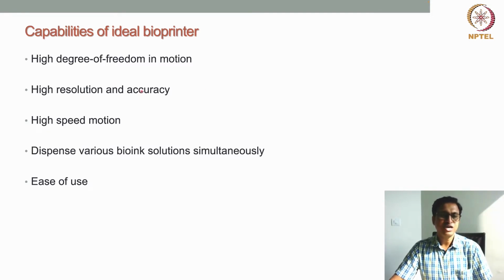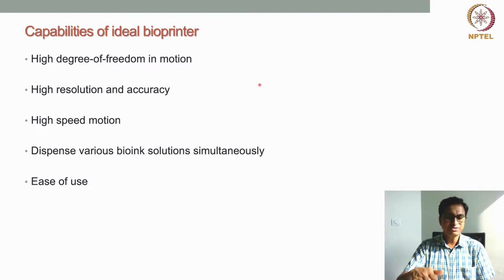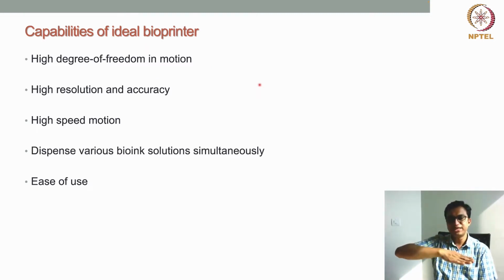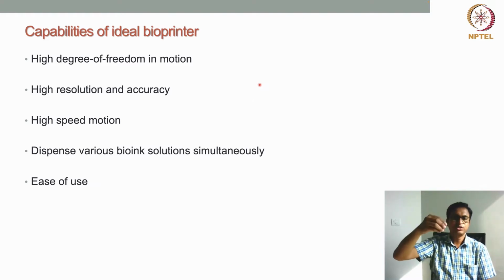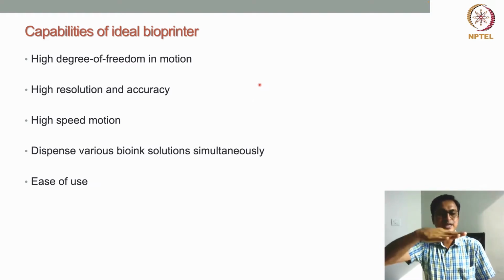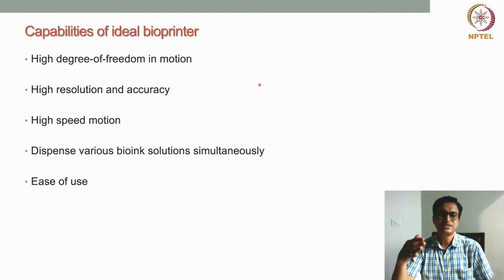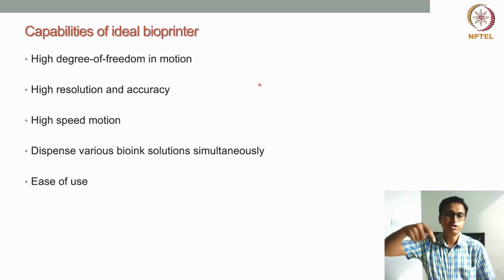First is a high degree of freedom in motion. We have seen that the bioprinting head can move in XYZ directions. Even in an inkjet based bioprinter, the print head can move. In a laser assisted bioprinter, the laser is moving on the surface.